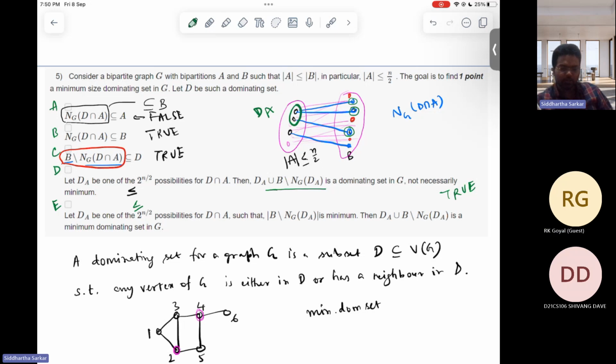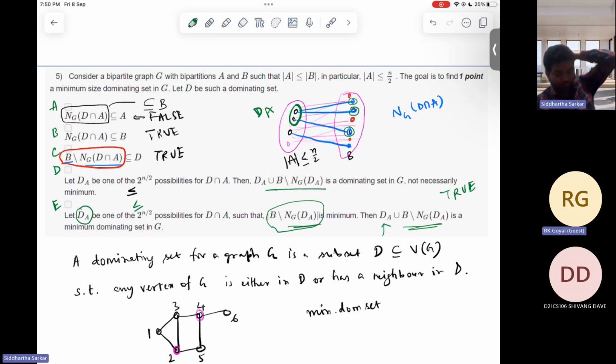So this is characterizing that you take that subset dA such that the neighborhood of dA has a lot of elements, so that B minus dA itself is very small. So you are taking a very small number of elements other than dA. Then are you going to get a minimum dominating set? Yes, this is true.